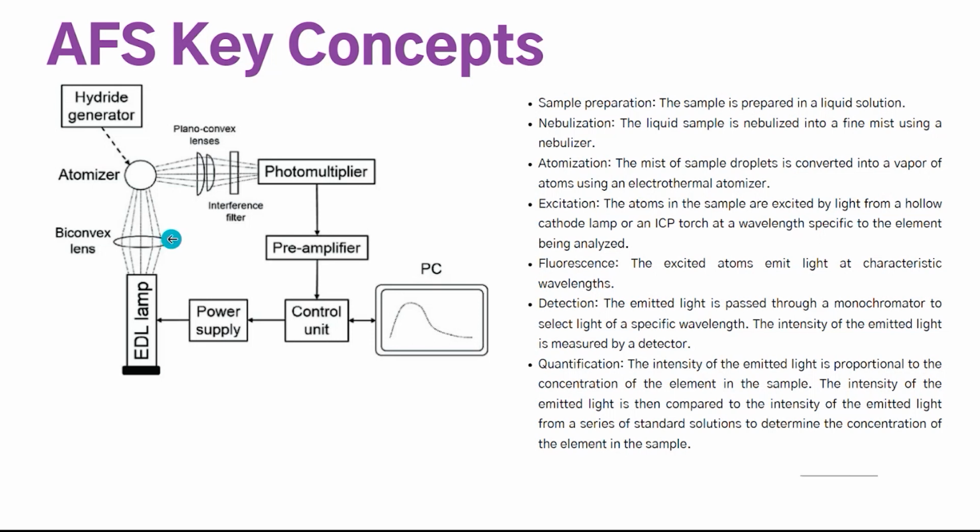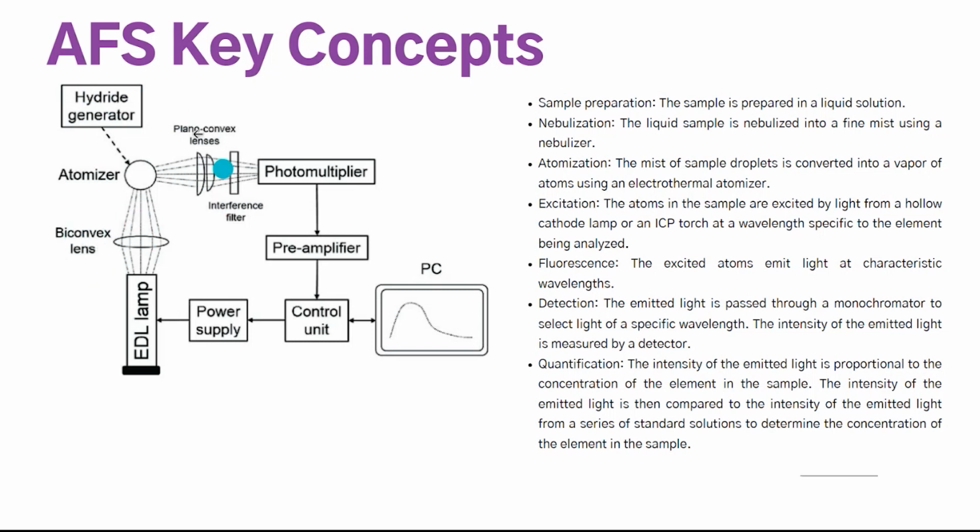The sample solution should be clear, of course, of any suspended particles. Now, in the nebulization, the liquid sample is nebulized into a fine mist using a nebulizer. This is done by passing a stream of compressed air through the sample solution, and then it is passed to the atomizer. Now, the atomizer converts the mist of sample drops into a vapor of atoms.